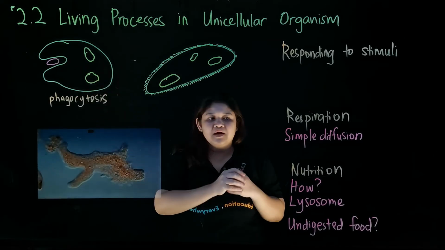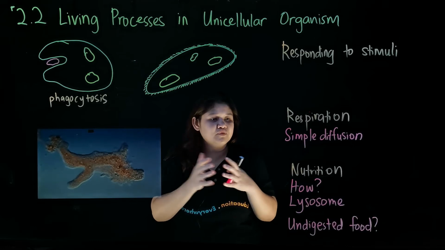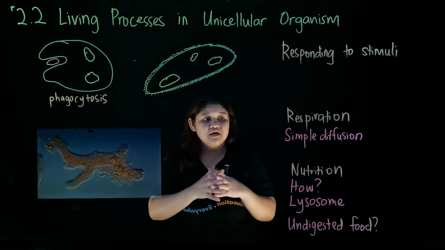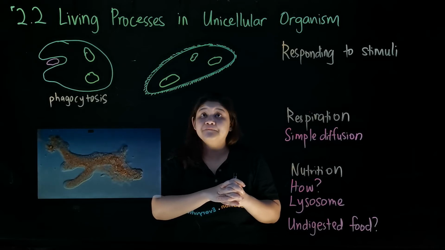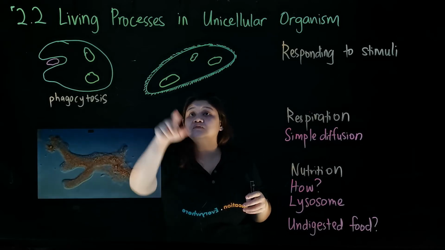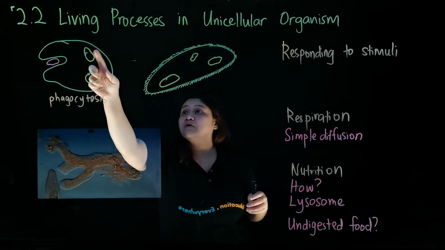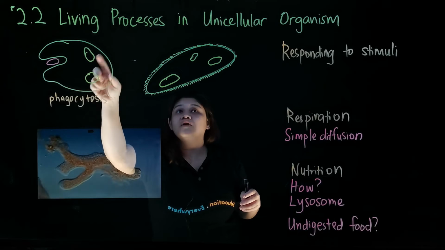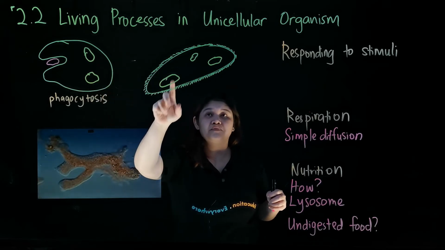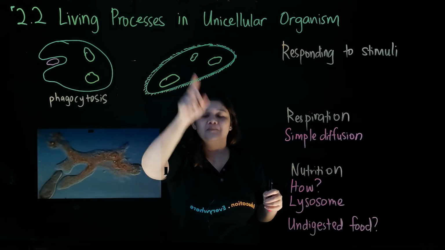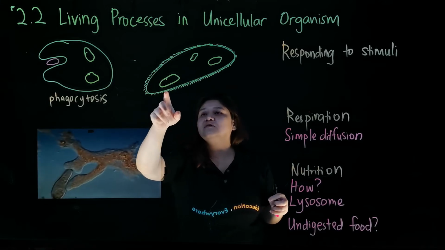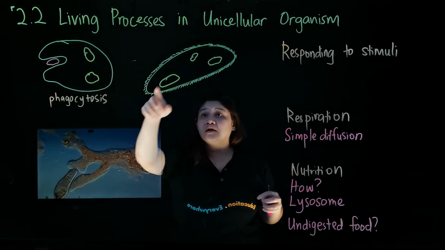All right, after they manage to get the food in, how is the food broken down? They use lysosome. The lysosome is in the vacuole. Now, vacuole is only present in protozoans and also in plant cells.